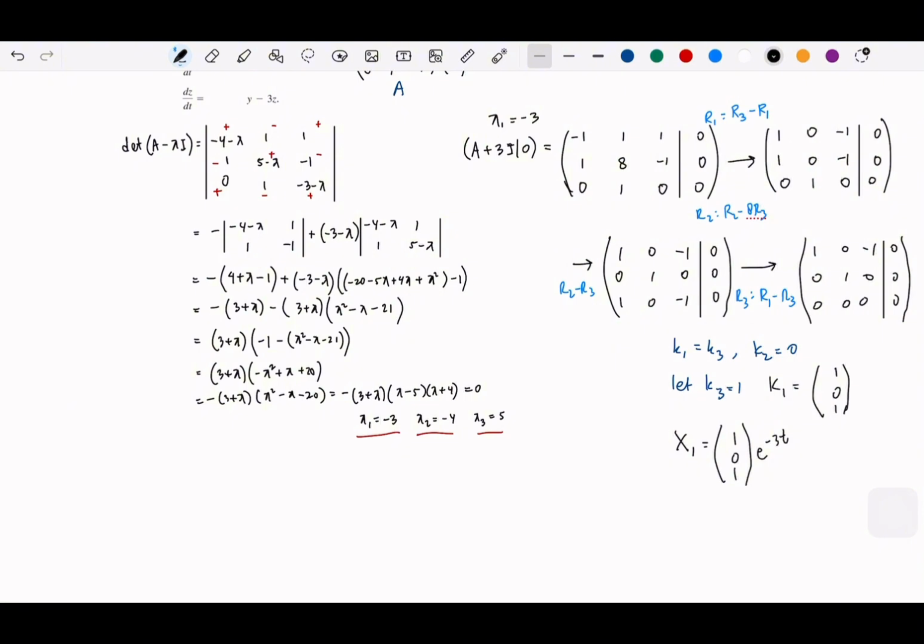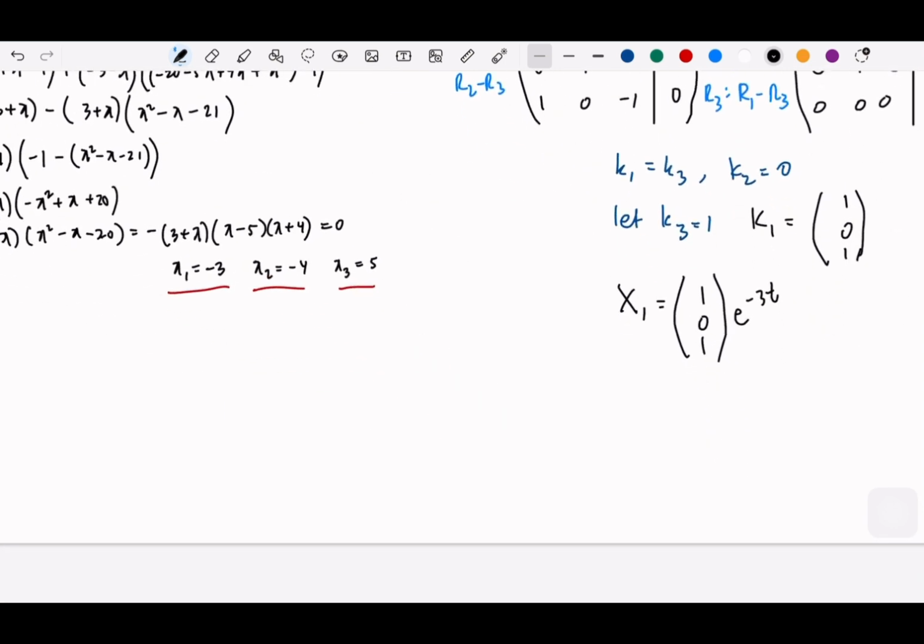Okay, so to make our class time effective, because the second and third eigenvalues use a very similar method, you will have to find the eigenvectors with the row operations, and simply you need to be careful with that one. So I will just write the result here.